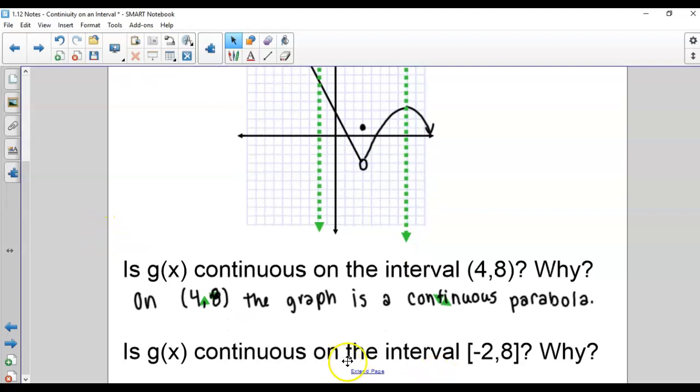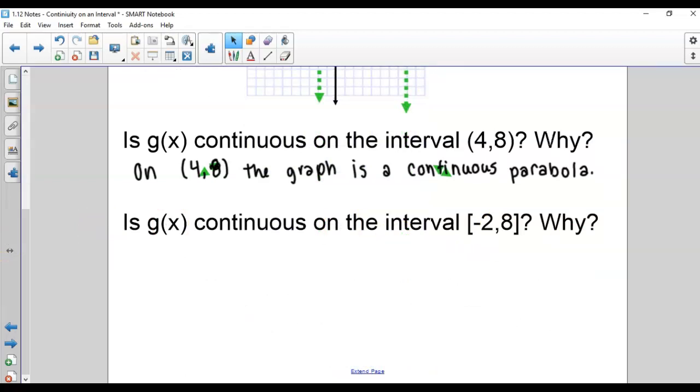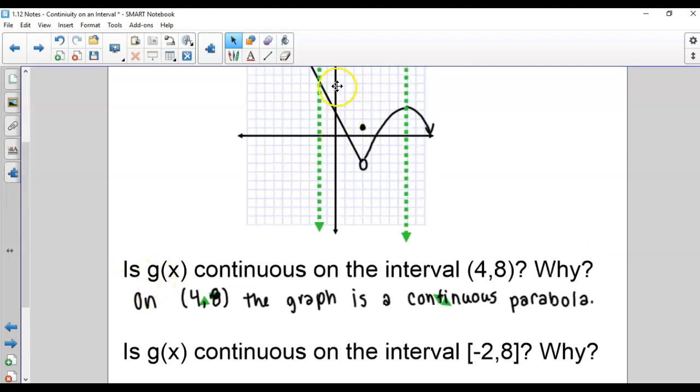So we would say for this, to prove that there is a discontinuity there, what's the problem there with that discontinuity, Destiny? Why is it not continuous?